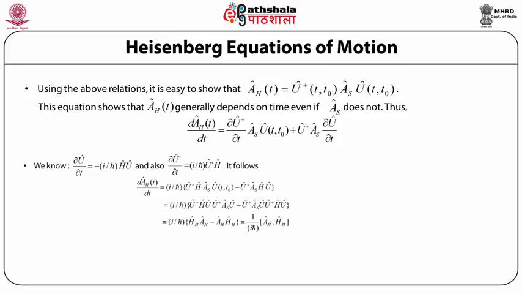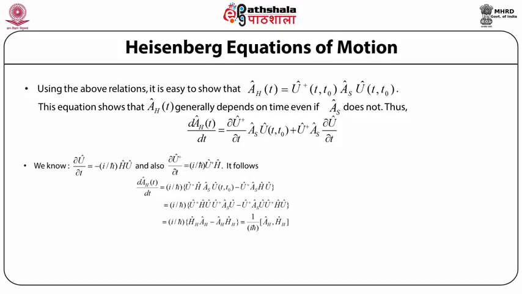So now coming back to the equation, the final result is i by h-bar times within brackets, H_H A_H minus A_H H_H, where we have used the definition for the Hamiltonian operator in the Heisenberg formalism to define H_H, and we have used the definition of the operator A in the Heisenberg picture as a relation with the operator A in the Schrödinger picture.